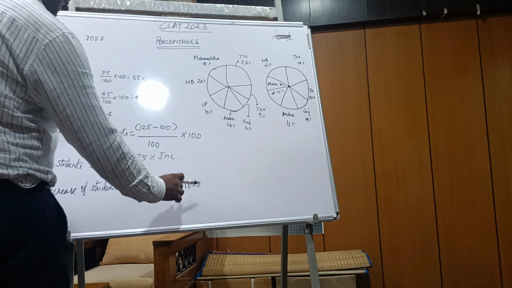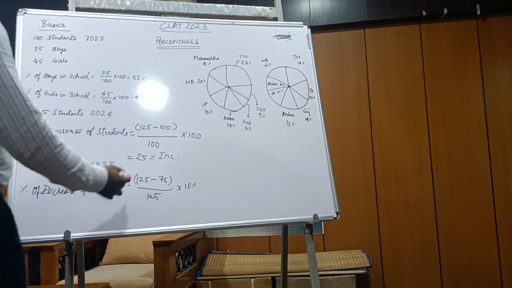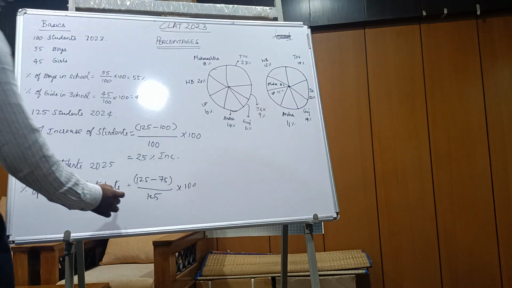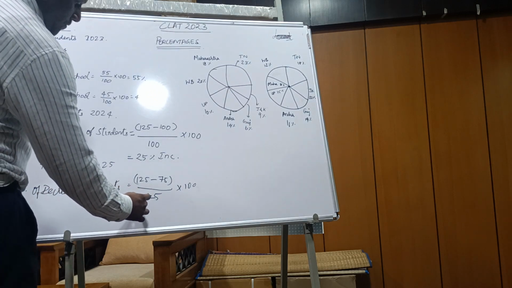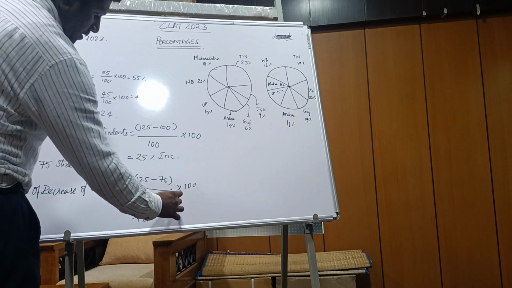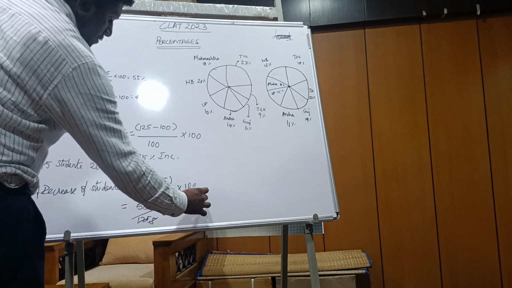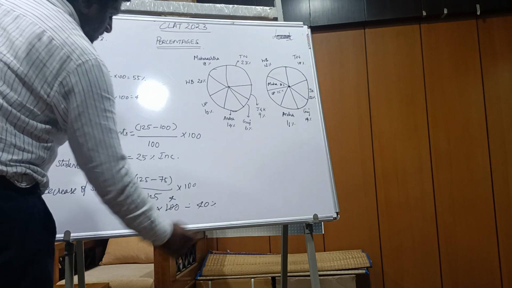So this is the percentage decrease in the population. This will be a negative figure, but we just have to compare it. So this is 50 divided by 125 into 100. This is 4 times, this is 5 times. So it is a 40% decrease.